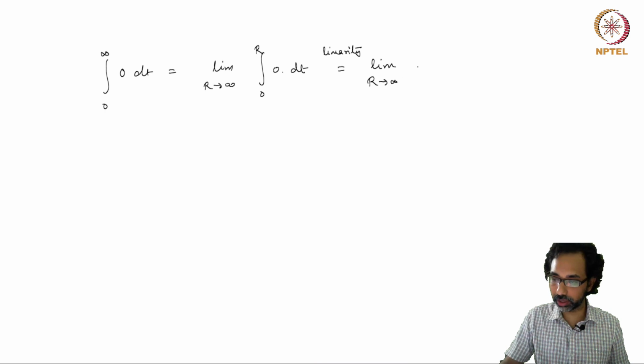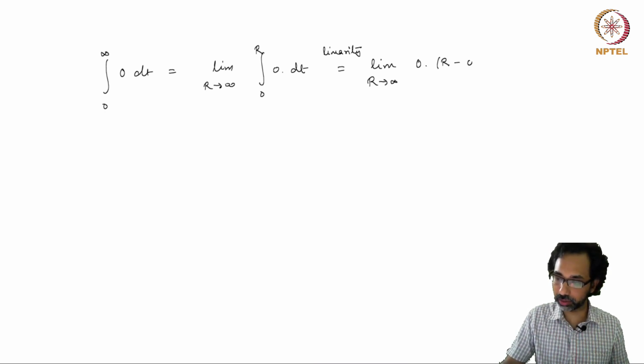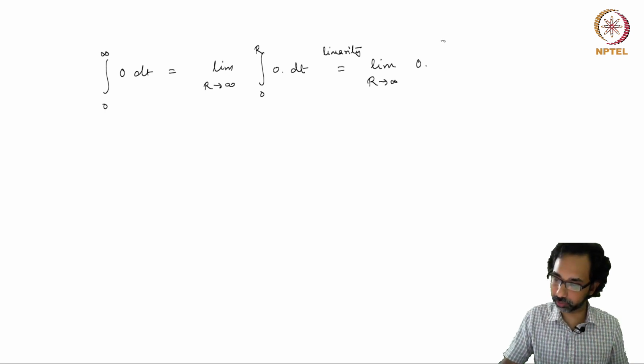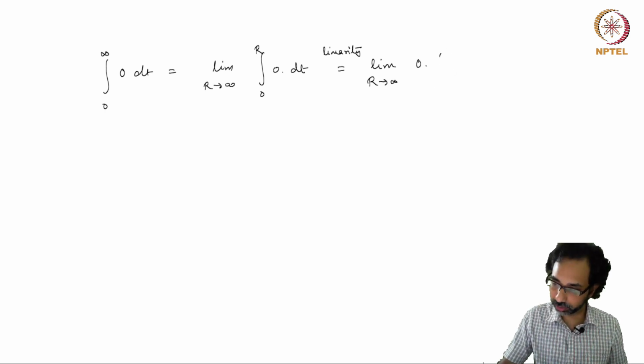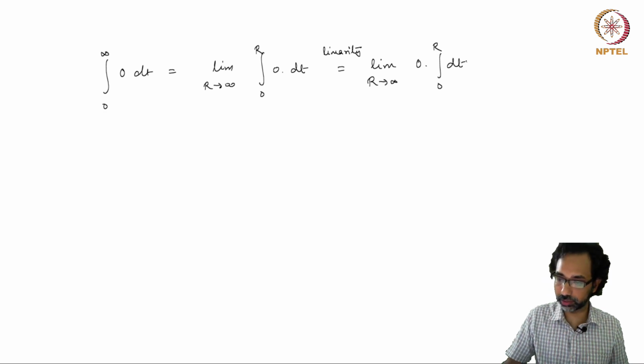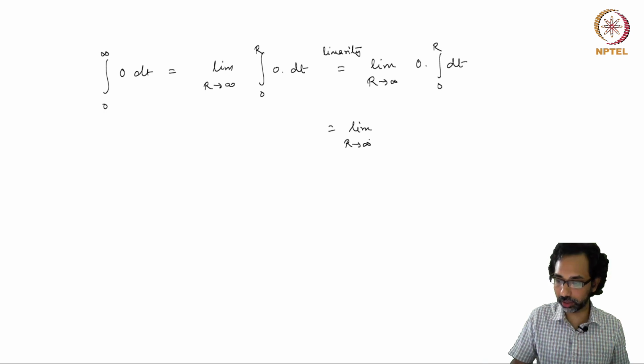This is the limit as r tends to infinity of 0 times the integral from 0 to r of dt, which is 0 times t from 0 to r.